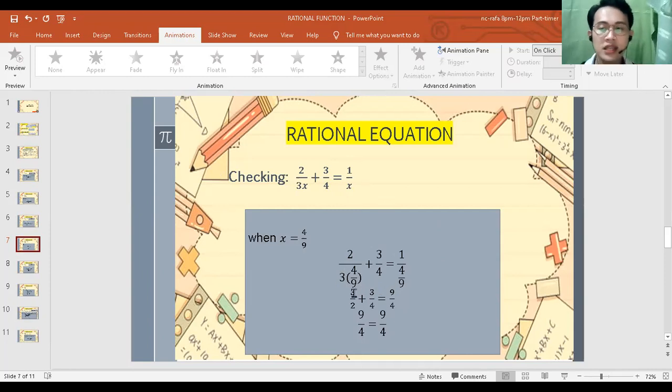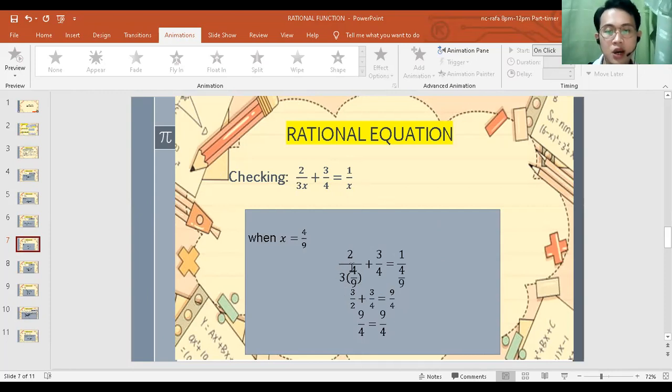And then before we can simplify that, let's operate first the denominator. As you can see, there are 3 times the quantity 4 over 9. So that's simply 3 times 4, which is 12 over 9, and then you simplify.